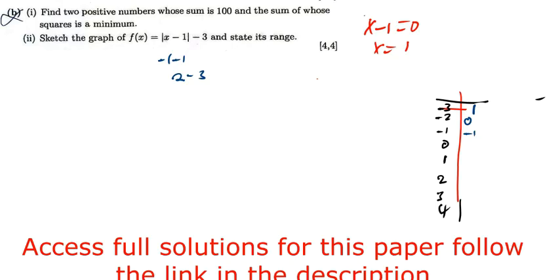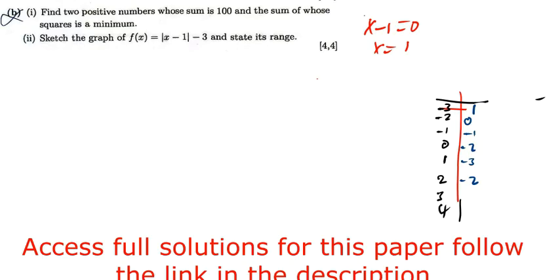Now if I put 0, it will be -2. If I put 1, it will be 0 minus 3, which is -3. If I put 2, it will be 2 minus 1, 1, then 1 minus 3 is -2.